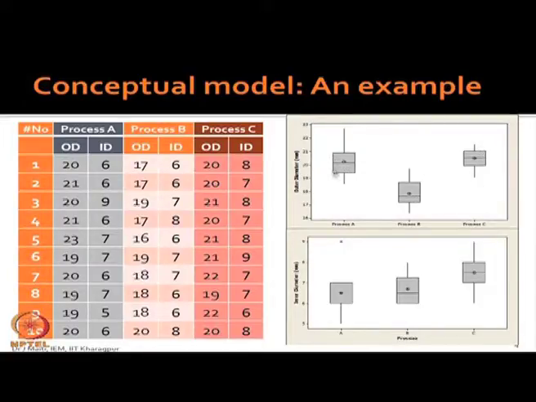So, there are two types of pictures now. From the outer diameter point of view, and also as we saw in ANOVA, process B is different from processes A and C. But if we add inner diameter, process C perhaps will differ in terms of mean inner diameter from A and B. Now, we want to see collectively what the difference is in the mean vector, where this vector is determined by the mean outer diameter as well as the mean inner diameter.